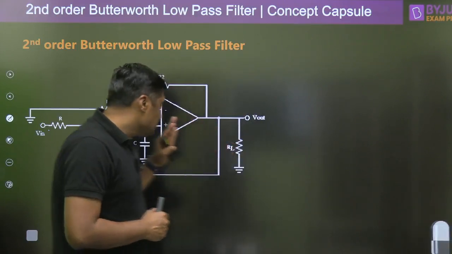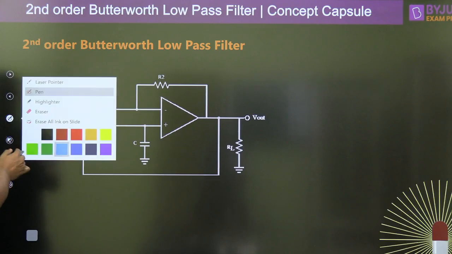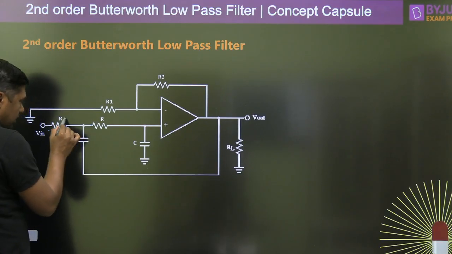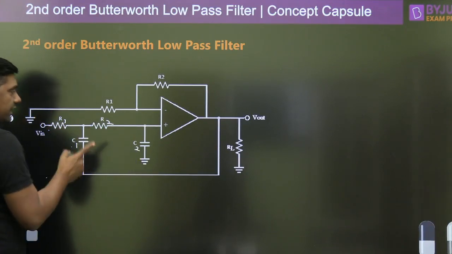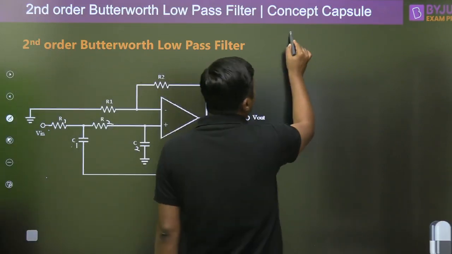Now, this is the standard diagram for the second order Butterworth filter. I am going to give you a very important formula for this. Always remember, normally this is R1, this is C1, this is R2, this is C2. In the GATE exam, if this is the diagram, then directly you can write the formula for the cutoff frequency FC.